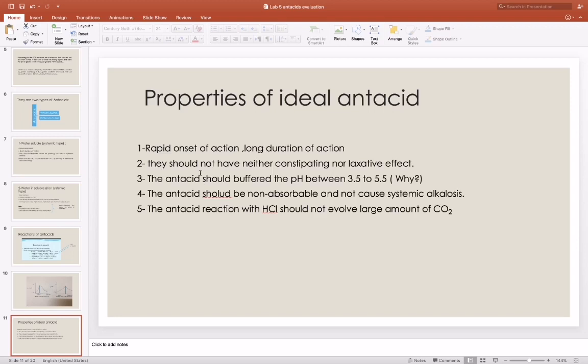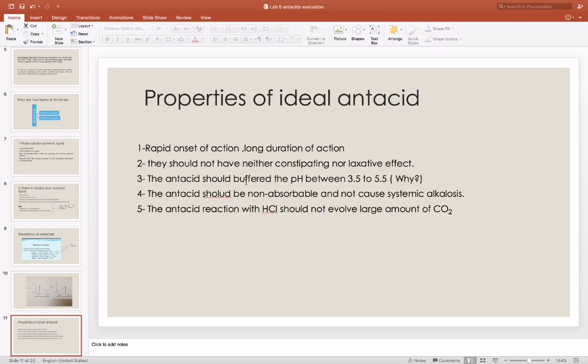أوكي they should not have either constipating or laxative effect مثل ما شفنا إنه الألمنيوم والمغنيسيوم have constipating and laxative effect so they should be devoid of these effects. They should not cause undesirable side effects for the patients.